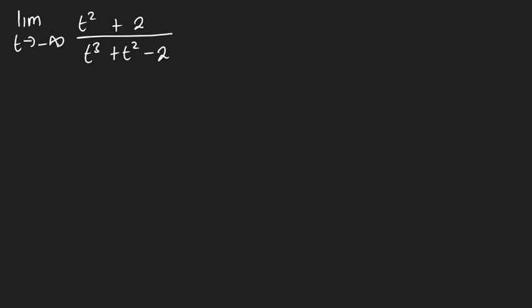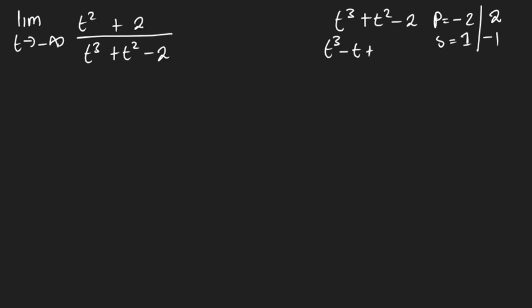Let's check if there is anything that we can do to manipulate this. It's very important. So what is your product? Your product is negative 2. Your sum is 1. So your factors are going to be 2 and negative 1. So this is going to be t^3 minus t plus 2t minus 2.